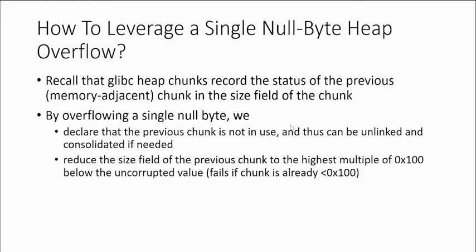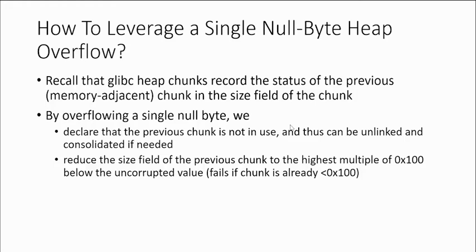But by overflowing the single null byte, we essentially do two things. We first clear that in-use bit, which means that the previous chunk appears to the heap allocator to be no longer in use. This is important because now it can be unlinked from a bin and then consolidated with the current chunk. And we can also use it to change the size of the previous chunk.